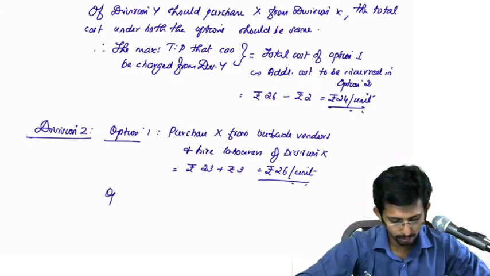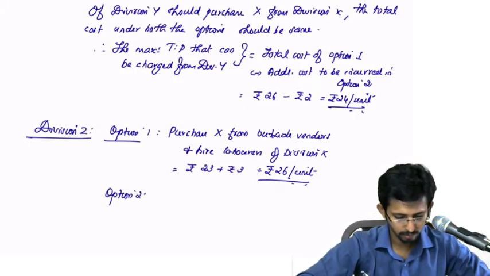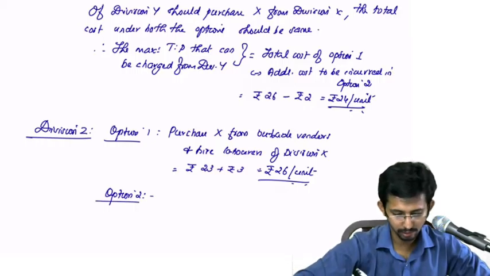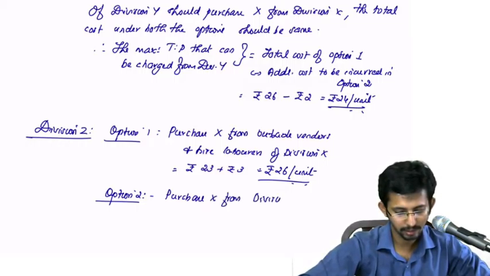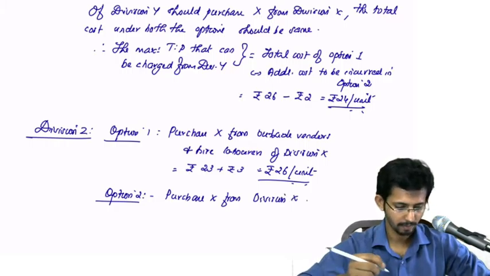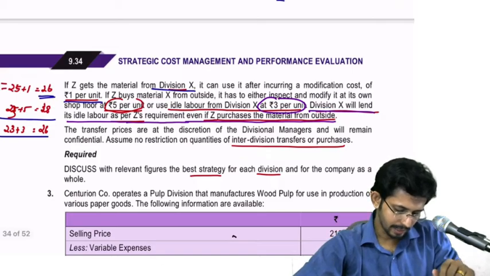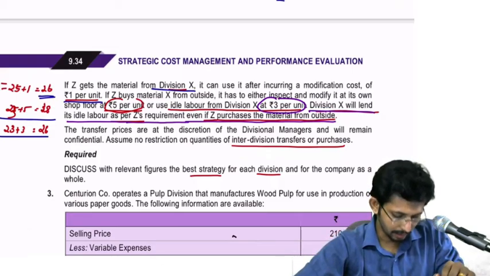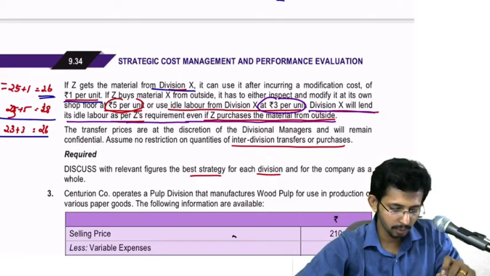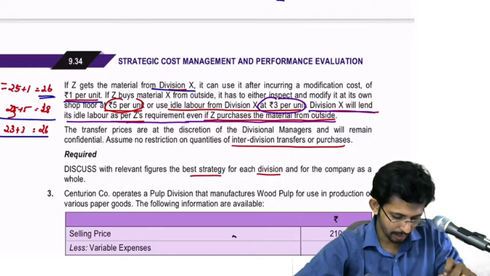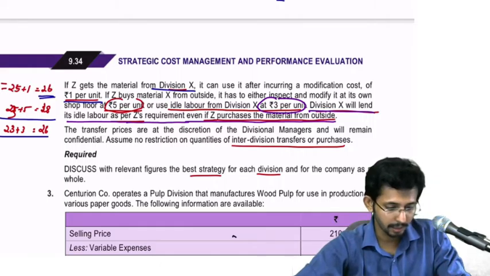Now there is option 2. Option 2 is to purchase X from division X. What is given here? If Z gets material from division X, it can use it after incurring a modification cost of rupees 1 per unit.